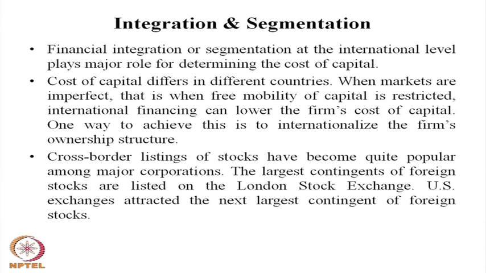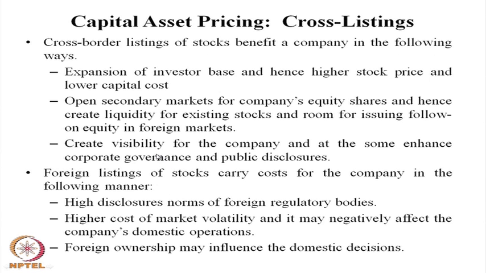So, when you discuss the benefits or the difficulties in the international capital asset pricing model, you have to understand that the benefits are sometimes more than the problems and difficulties in the international aspect of capital structure.